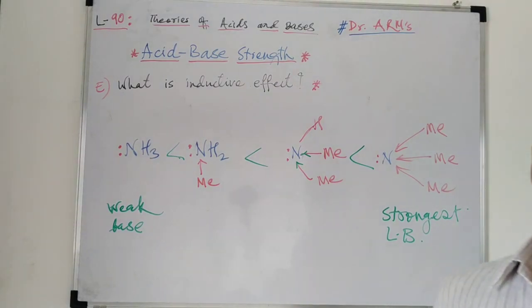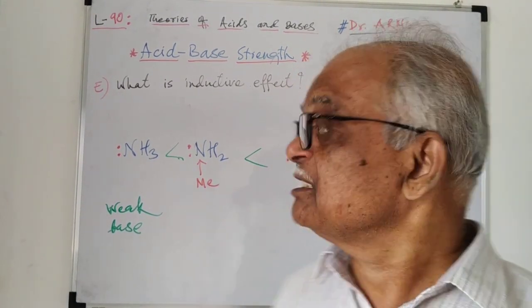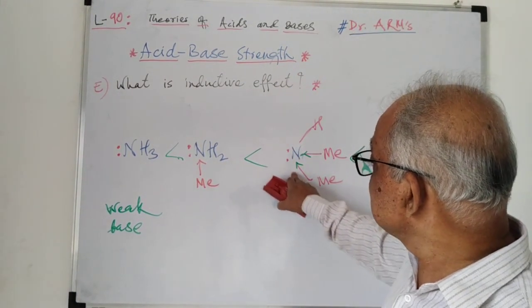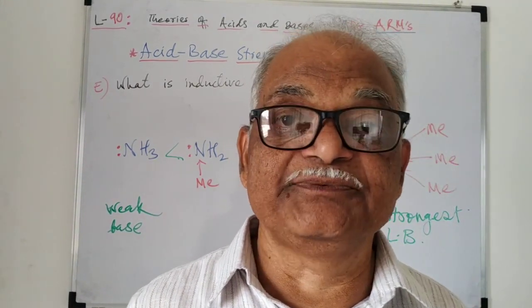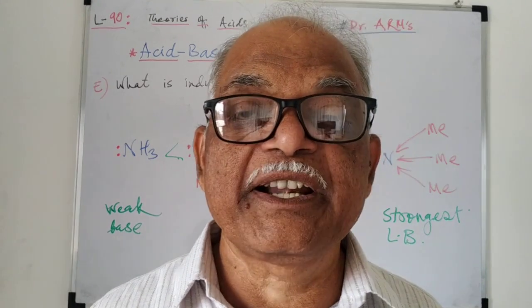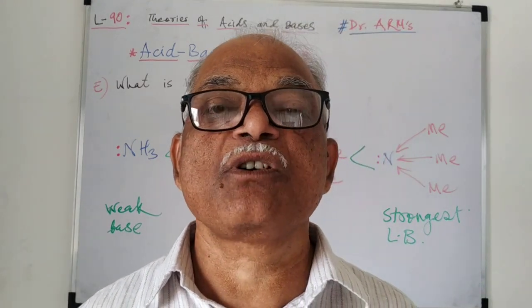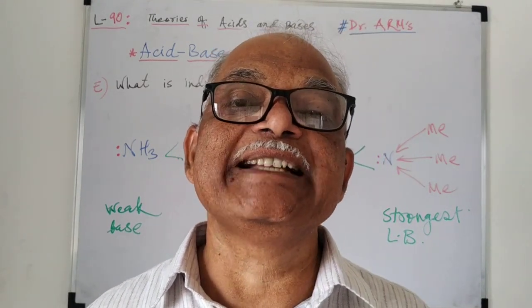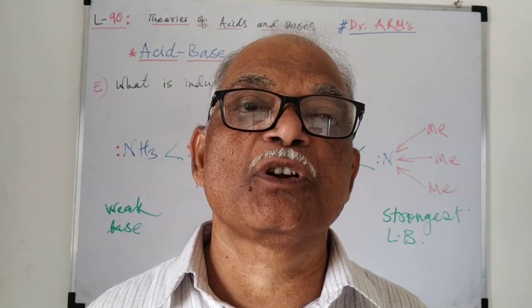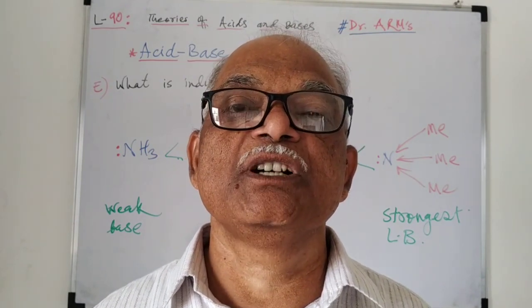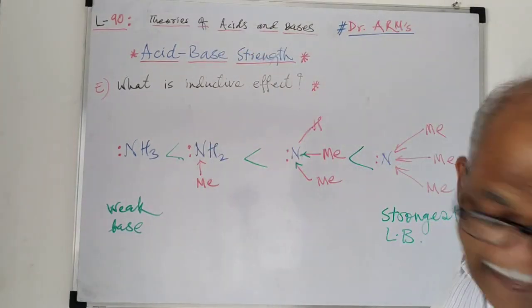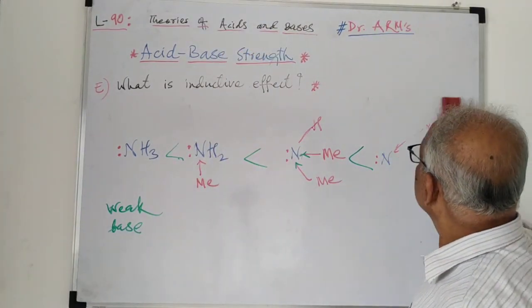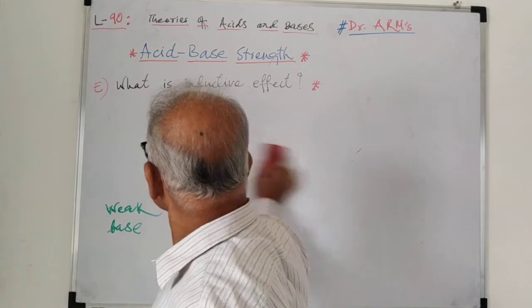The inductive effect is nothing but the electron releasing or electron attracting effect, which creates a strong impact on the central atom in order to make it a stronger or weaker base or weaker acid.